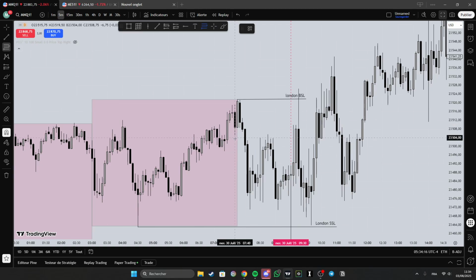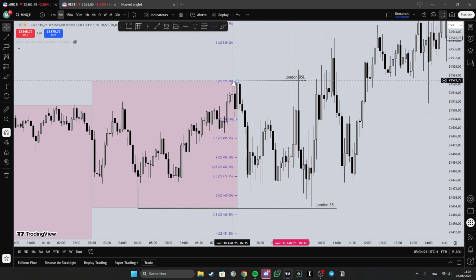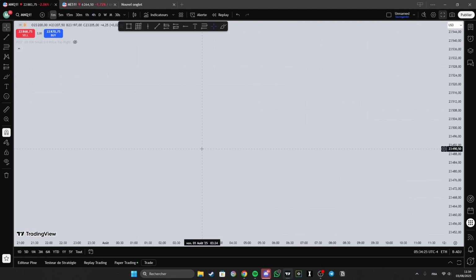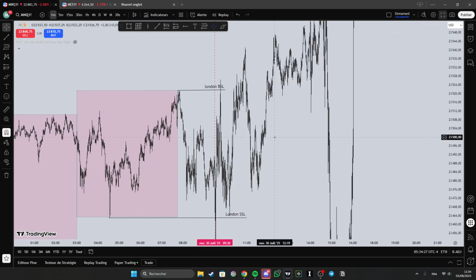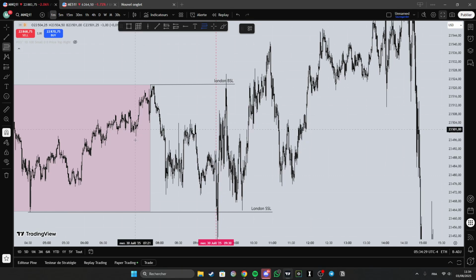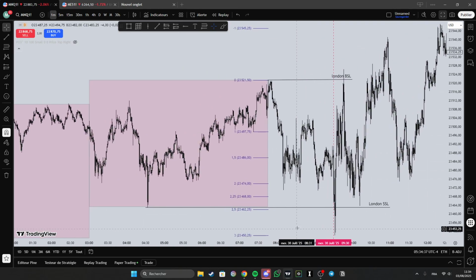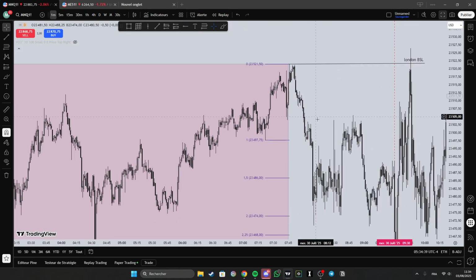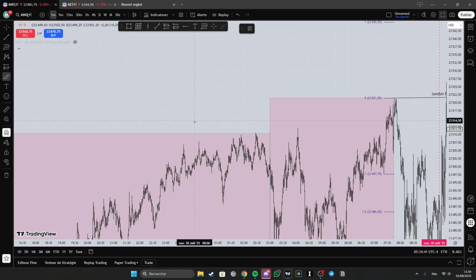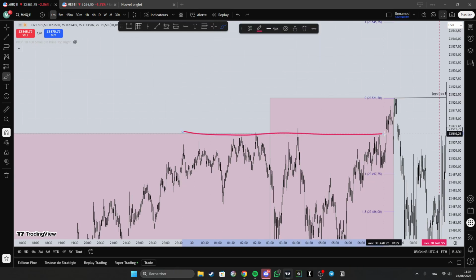So you can draw from the bottom to the top of the manipulation. Wait, I'm going to do 1 minute. It's going to be more clear. Yeah, it's this. So as you can see, we had this liquidity here resting above.